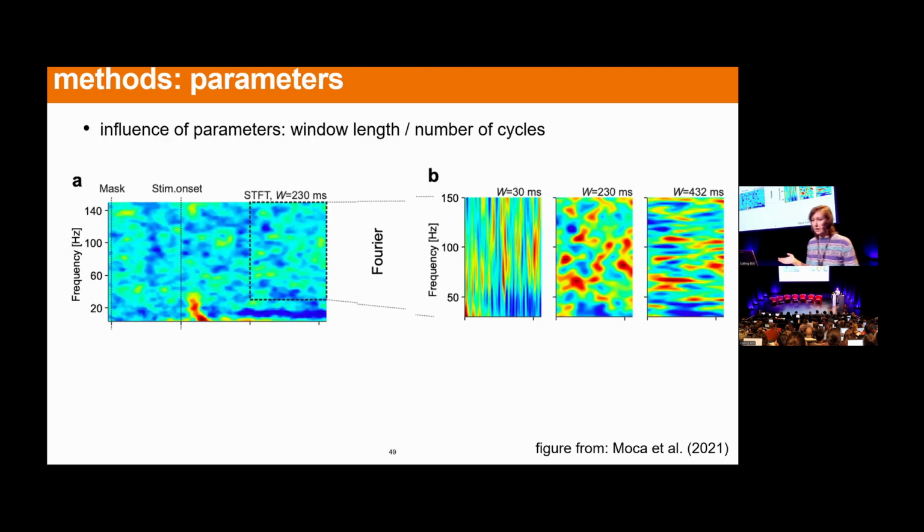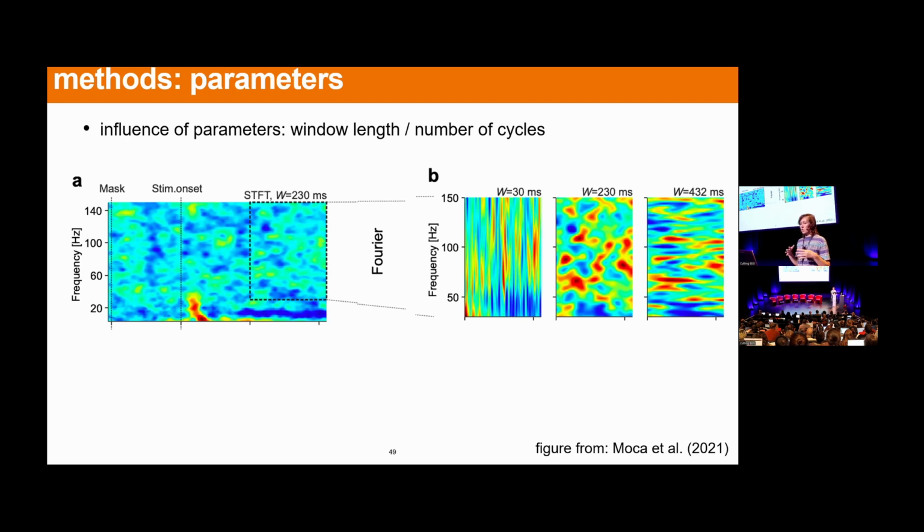Right, and again, you also have parameters that will influence how this representation looks like. So this is time, frequency, and you have mainly the parameters that influence how much information you take into account when computing a single point here.